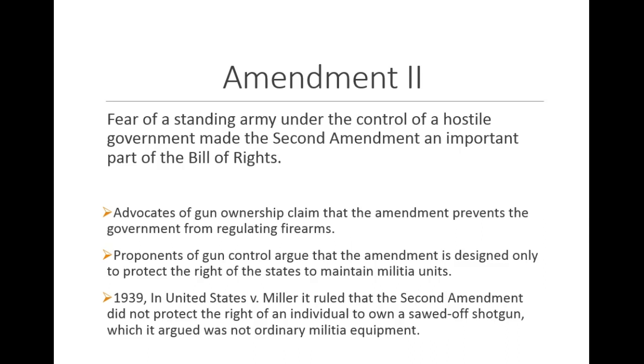Advocates of gun ownership claim that the amendment prevents the government from regulating firearms. Proponents of gun control argue that the amendment is designed only to protect the right of the states to maintain militia units.